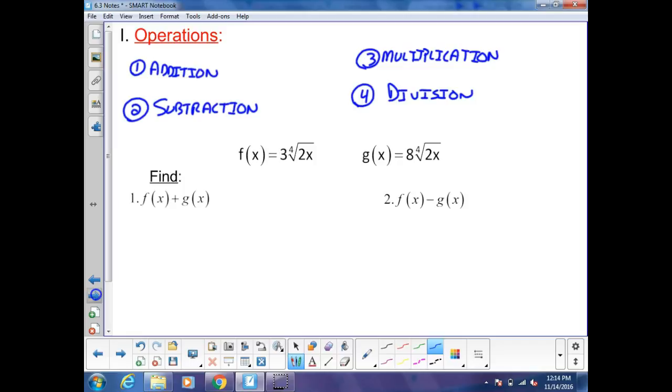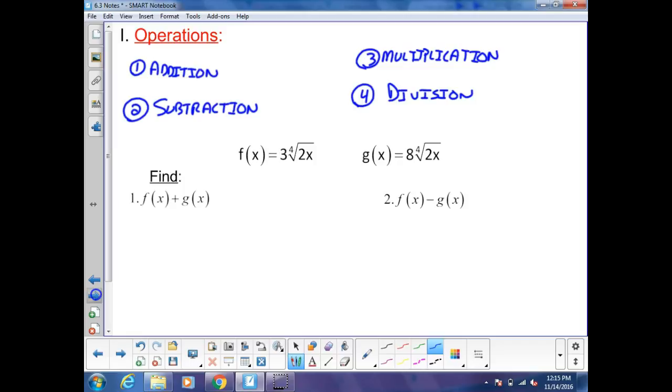If you're going to add something, they have to be like terms. If you're going to subtract something, they have to be like terms. If you're going to multiply two things, you can multiply whatever you want. If you're going to divide two things, we might have to simplify some things.